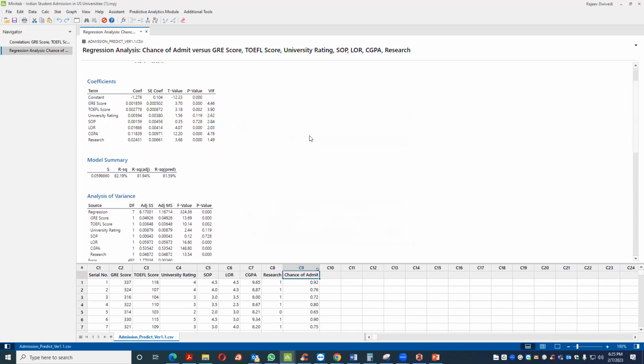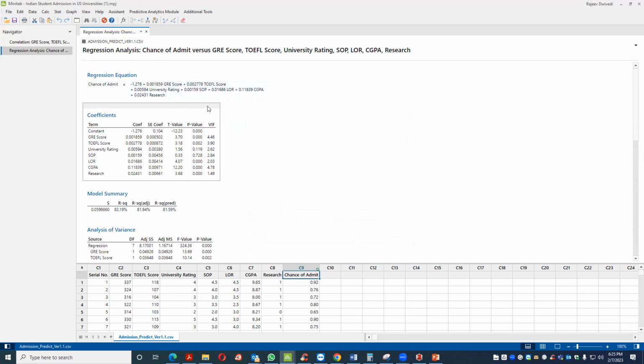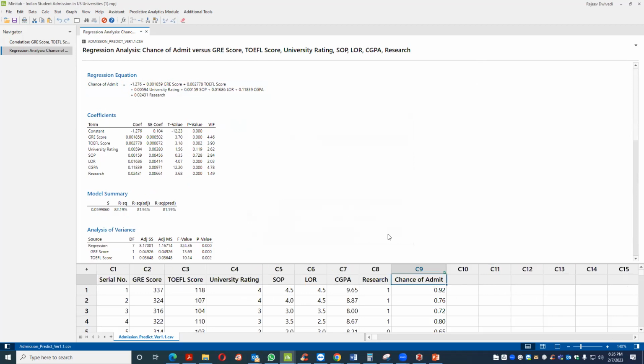And now you can see this is the model, and here minus 1 point, this, then GRE, then score, then. Now tell me which variable is useful and which is useless. Hopefully you can see my screen.